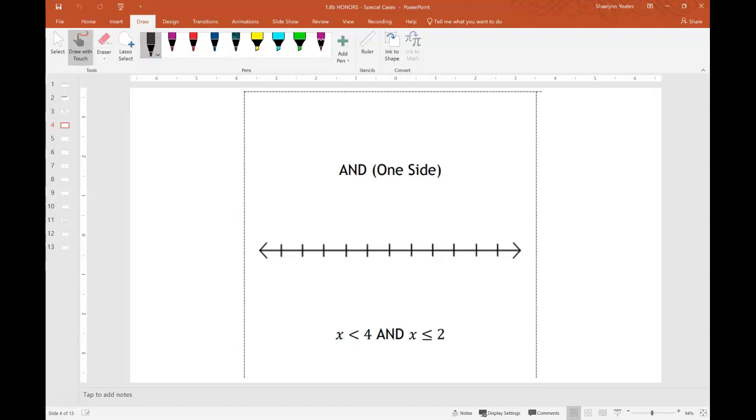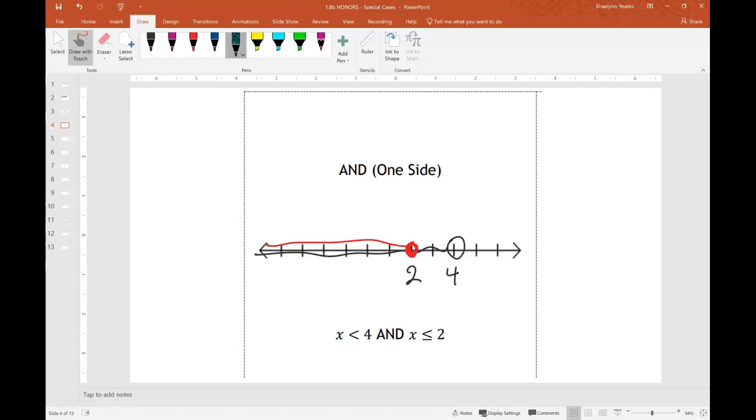So if I have 4, 2. If x is less than 4, that would be an open circle on 4 pointing this way, right? And then x is less than or equal to 2, I would have a closed circle on 2 pointing that way. Now where do they overlap?